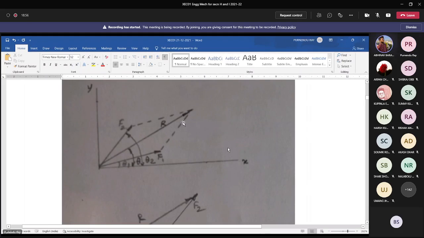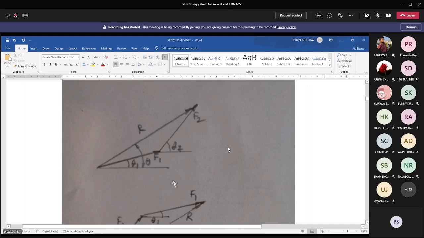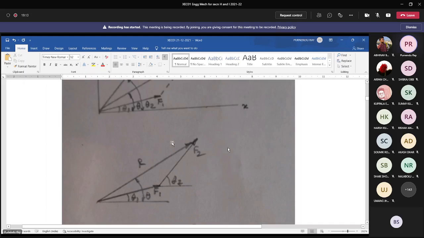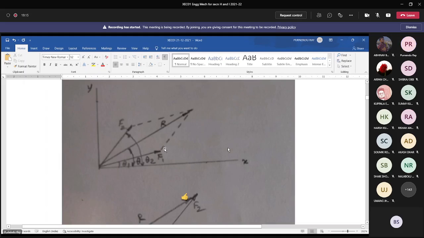This is equivalent to F2. This is the starting point of F2, and this is the finishing point of F2.